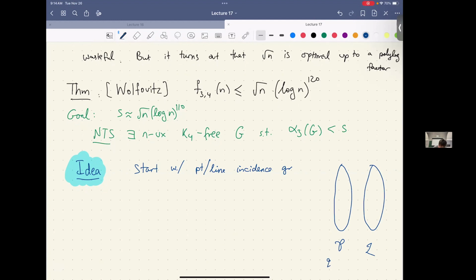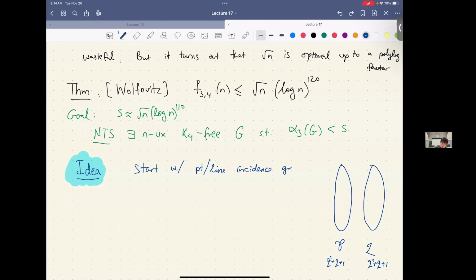Let's say you have q squared plus q plus 1 on each side. In the point-line incidence graph, a point P and a line L are adjacent when P lies on L.